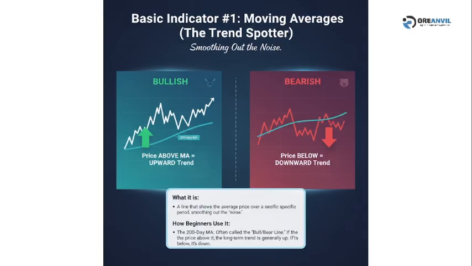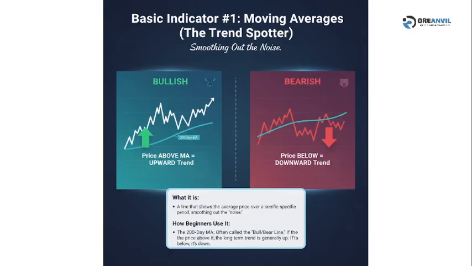This is a basic indicator we call the moving average. So this is your first indicator. So imagine your chart is like a road. And at that period, you can't see the road clearly. You're having issues navigating the road.